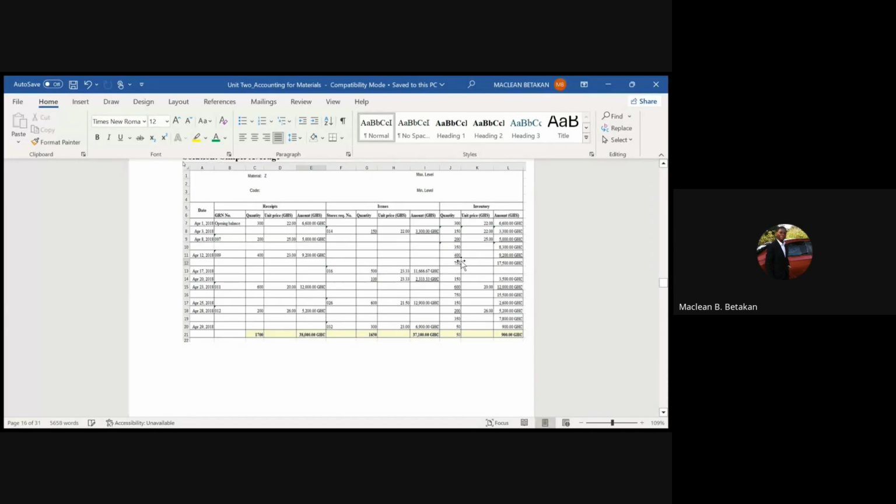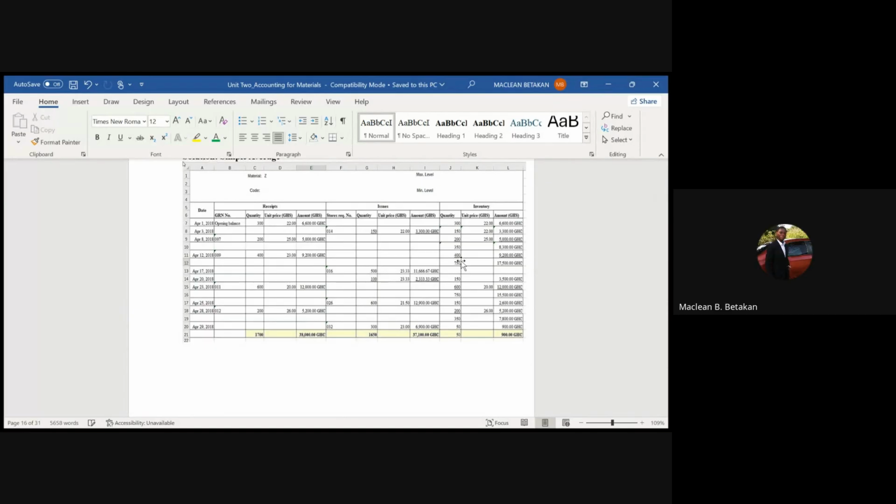So you issue 500. So the 750 that you issue 500, how much is left? 750 minus 500, so it will be left with 250.